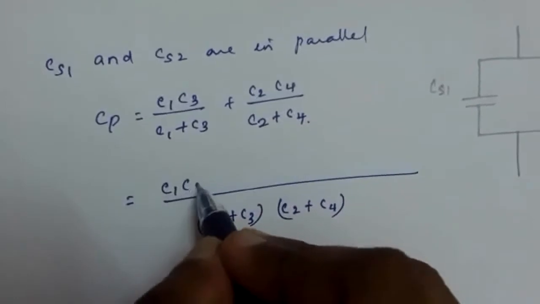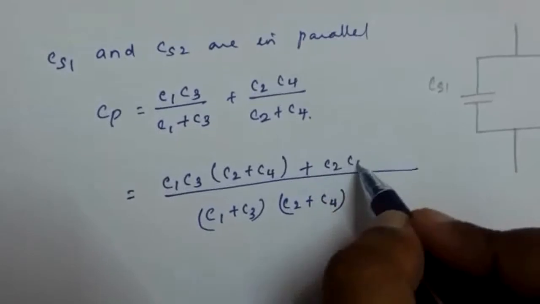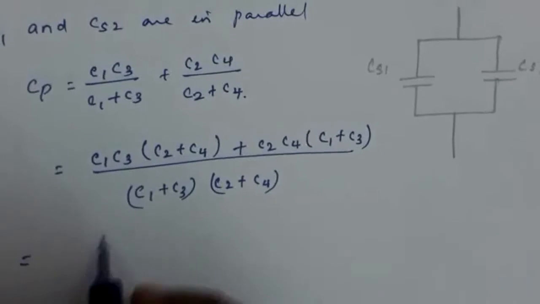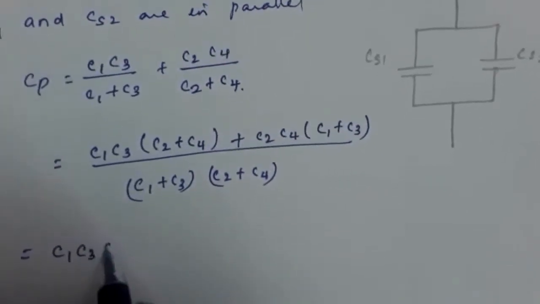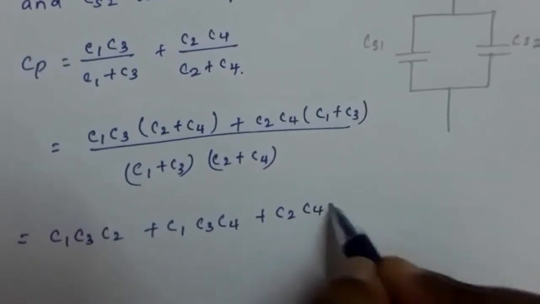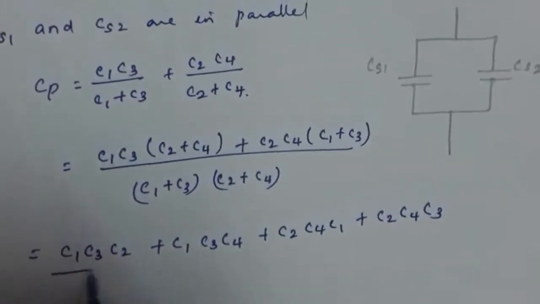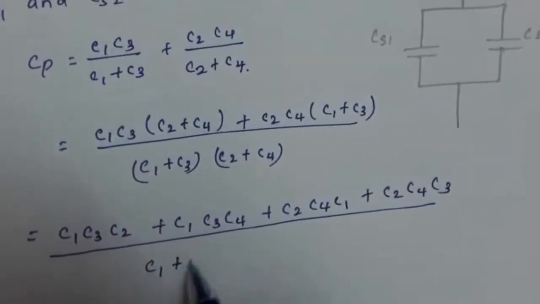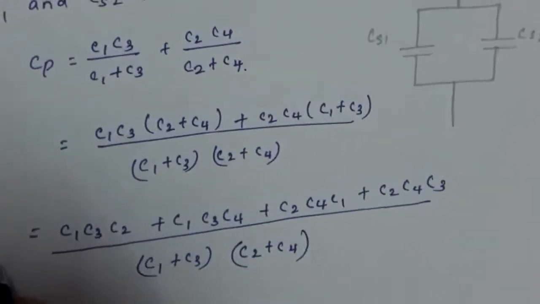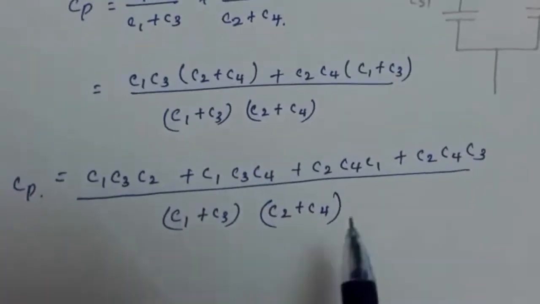So you'll get C1 C3 into C2 plus C4 plus C2 C4 into C1 plus C3. Now this can be expanded. You can write C1 C3 C2 plus C1 C3 C4 plus C2 C4 C1 plus C2 C4 C3 divided by C1 plus C3 into C2 plus C4. Now this is your resultant capacitance.